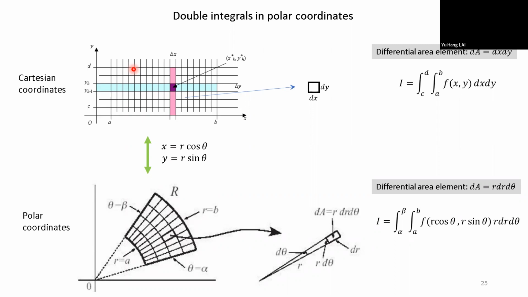So now, instead of changing x or changing y, we are talking about changing r and changing theta. First of all, if I have this plane, still the horizontal axis will be x and the vertical axis will be y.